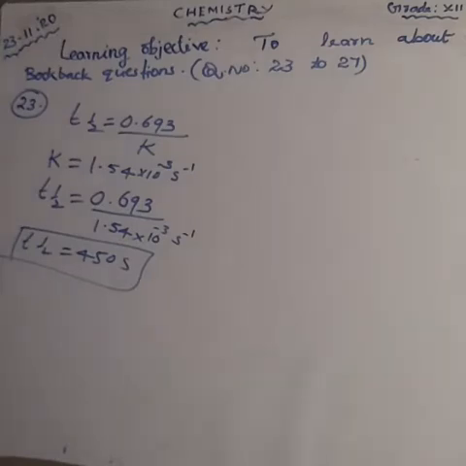That also scores 1 mark. So 1 plus 1, 2 marks. Next, T half is equal to 450 seconds. The second, the unit, also carries a mark, so you should write the unit also. So you can easily score the 3 mark question. A very important question. Next, question number 24.